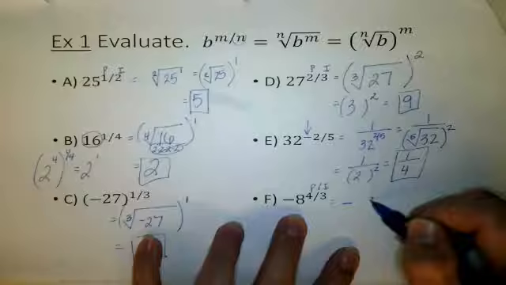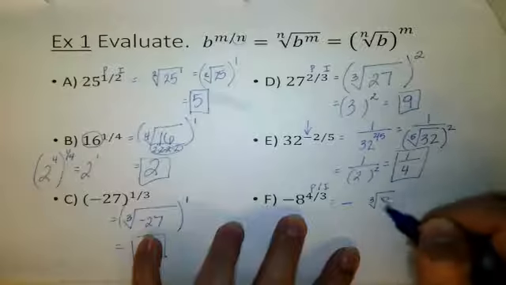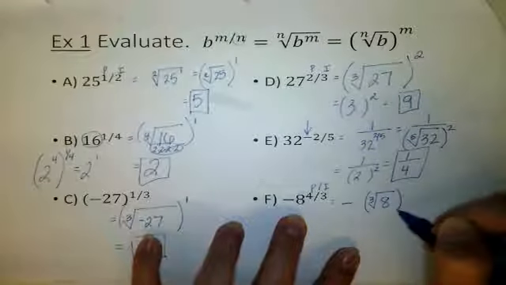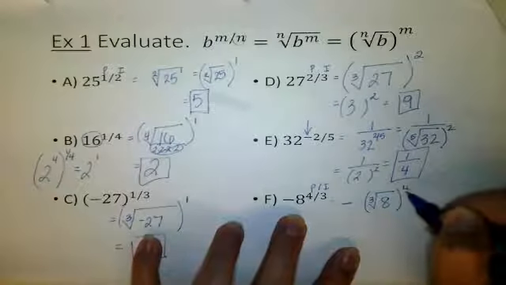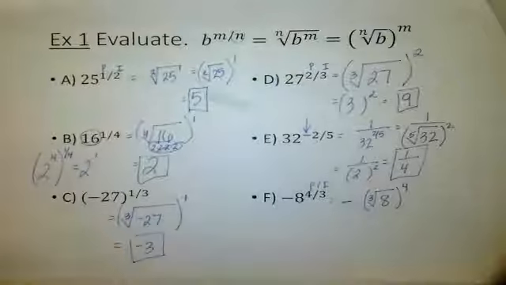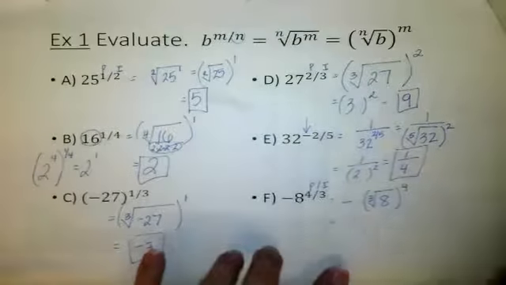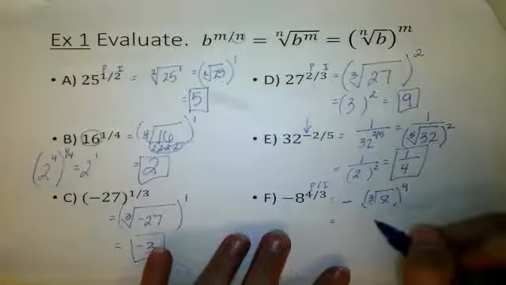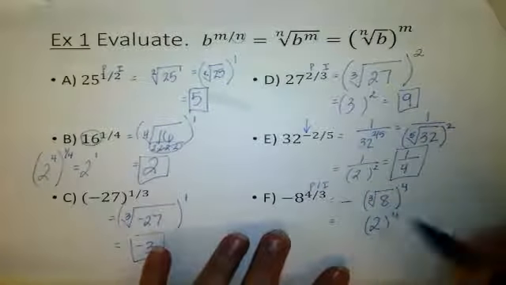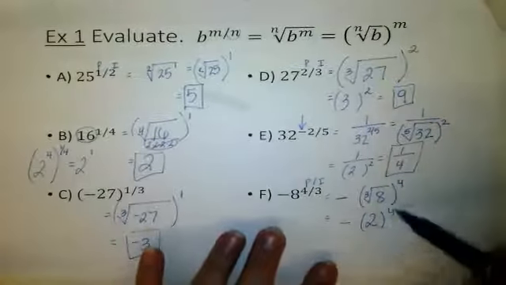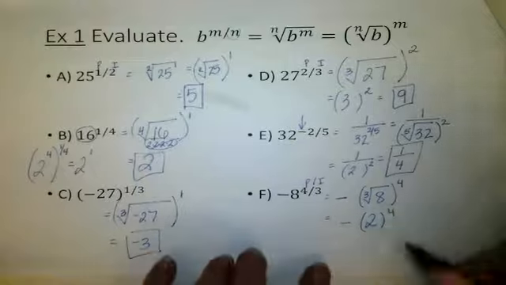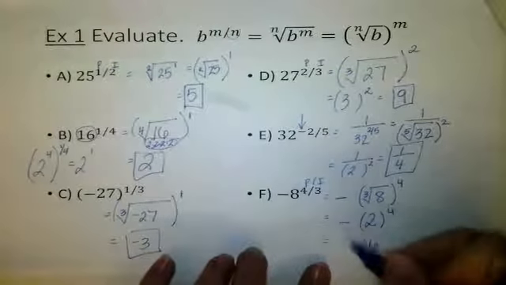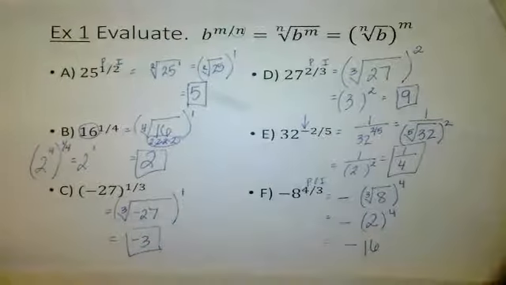So this is the cube root of 8, and it's being raised to a power of 4 with a negative way out in front. What is the cube root of 8? 2 to the 4th. So now we do our exponent. What is 2 to the 4th? 16. And there's still a negative out in front.